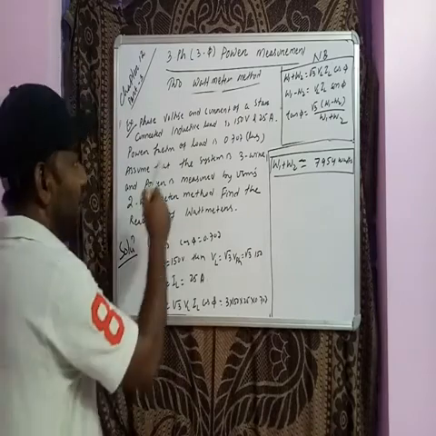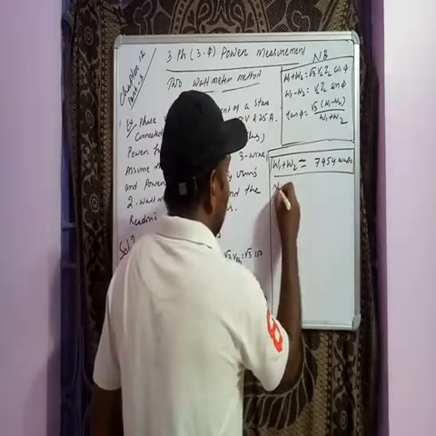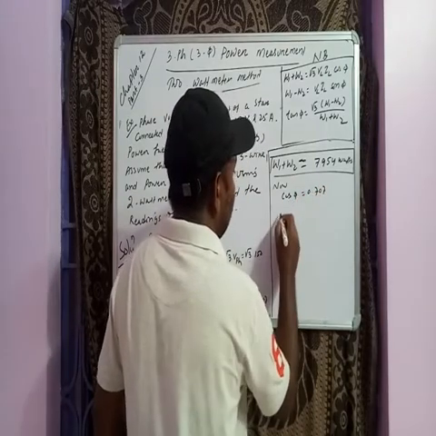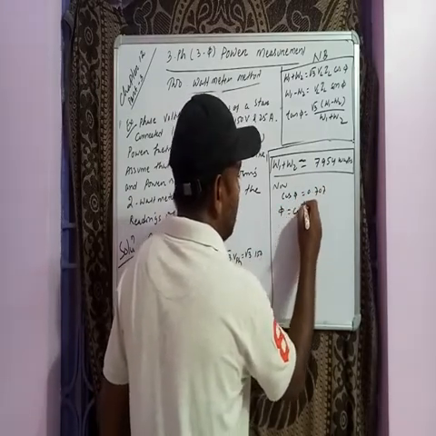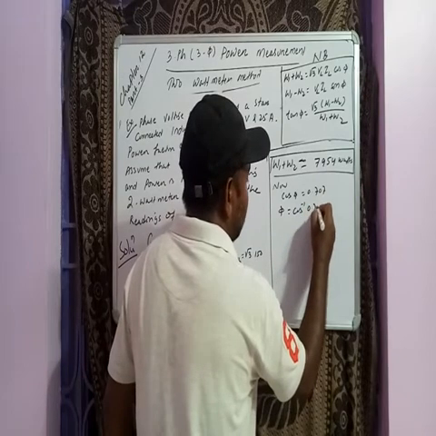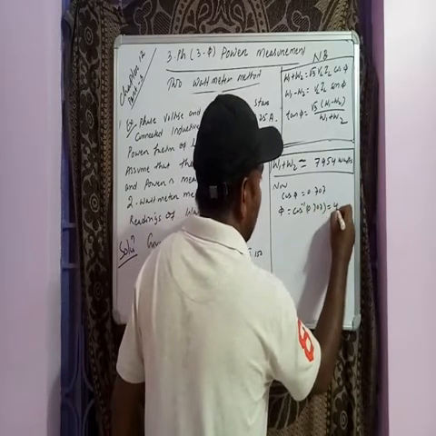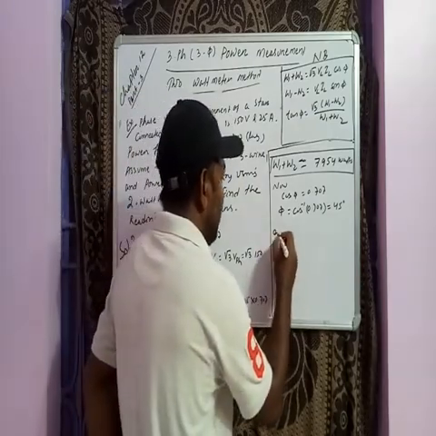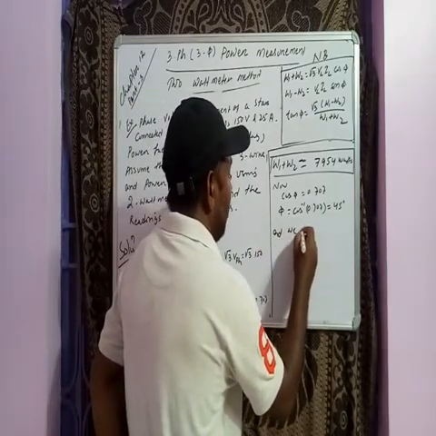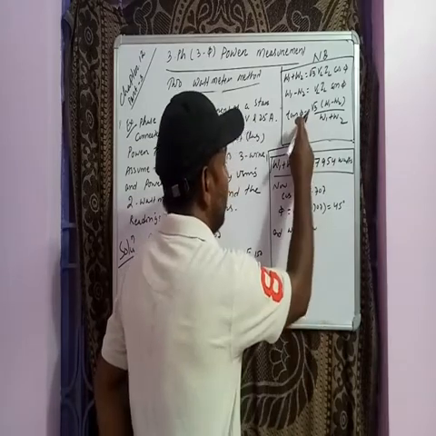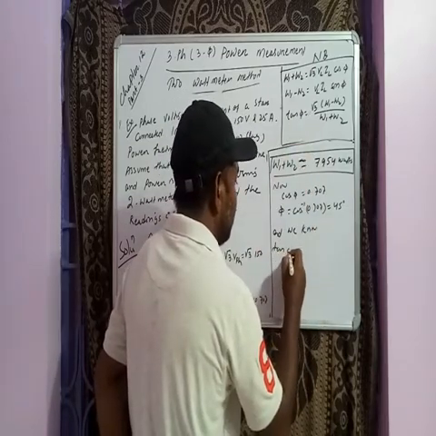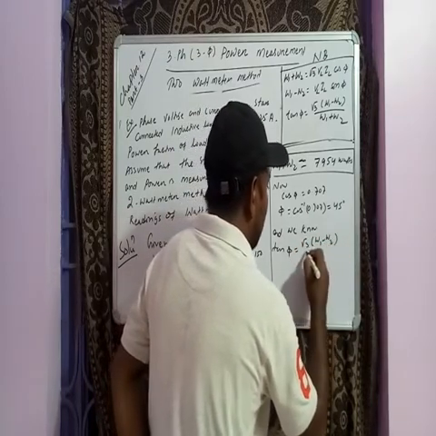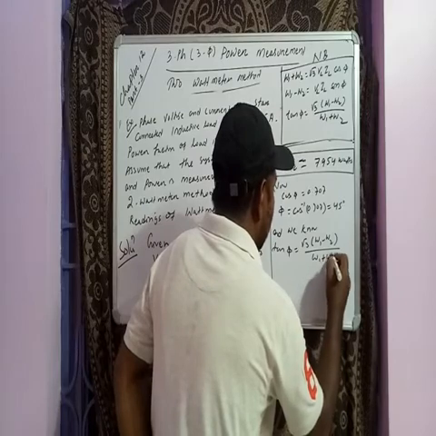Again, cos phi is given 0.707. Then phi is equal to cos inverse 0.707. It is your 45 degree. And we know, what do we know? Tan phi is equal to root 3 W1 minus W2 by W1 plus W2.